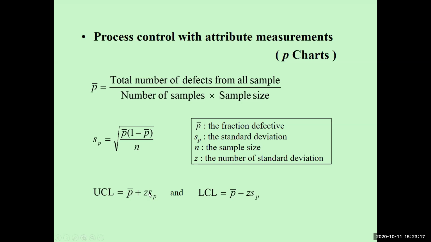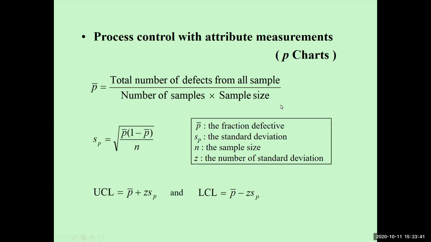By the way, SP is the standard deviation of that variable data, and P bar is the probability of the total sample.